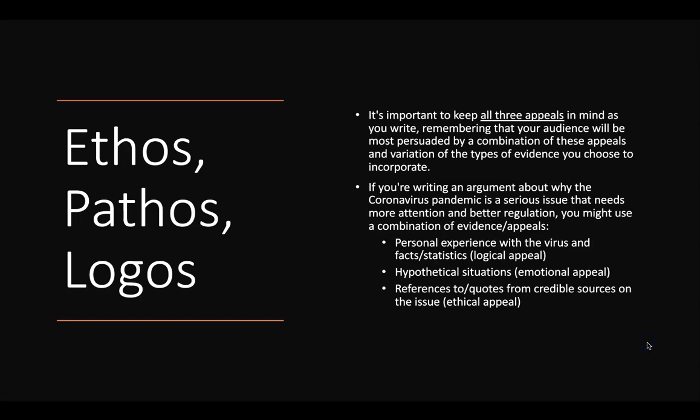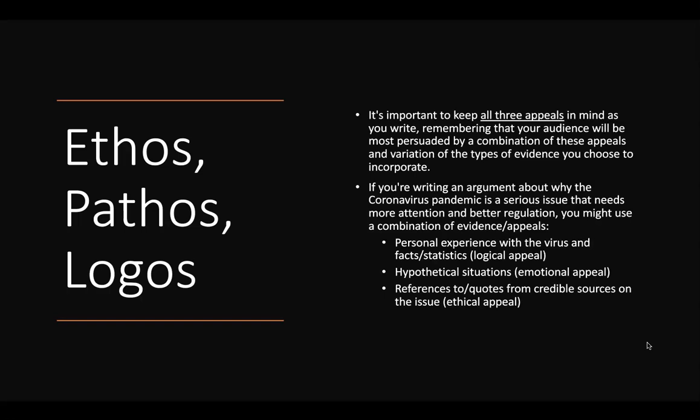Okay, so when you think about the three appeals altogether, ethos, pathos, and logos, remember that ethos is that appeal to the credibility or the ethical side of your reader. Pathos is appealing to their emotions, and logos is the appeal to logic or your reader's minds. It's important to keep all three appeals in mind as you write.